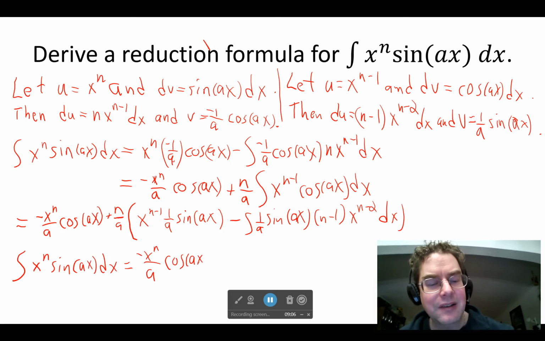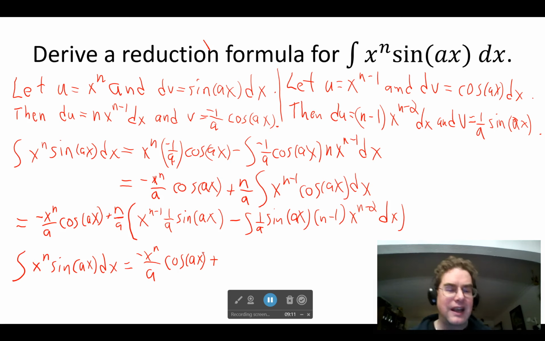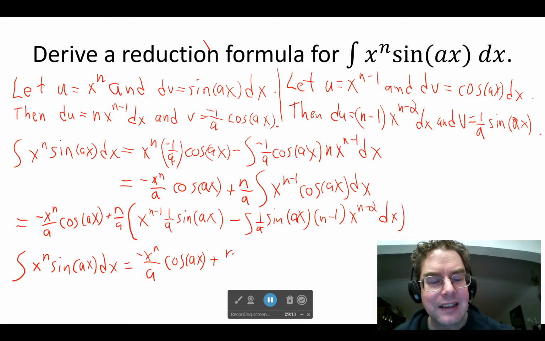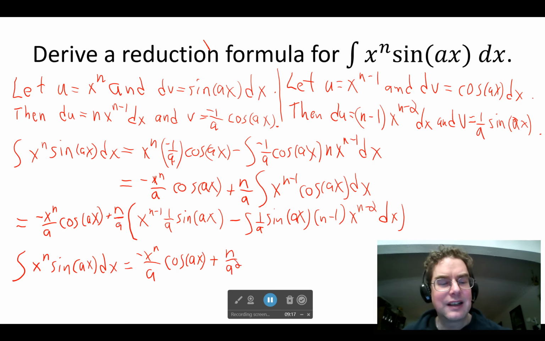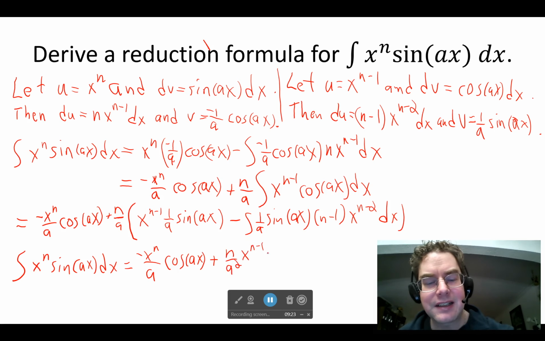times cosine ax. Okay, cleaning up, we're now going to have n over a squared x to the n minus 1 sine ax.